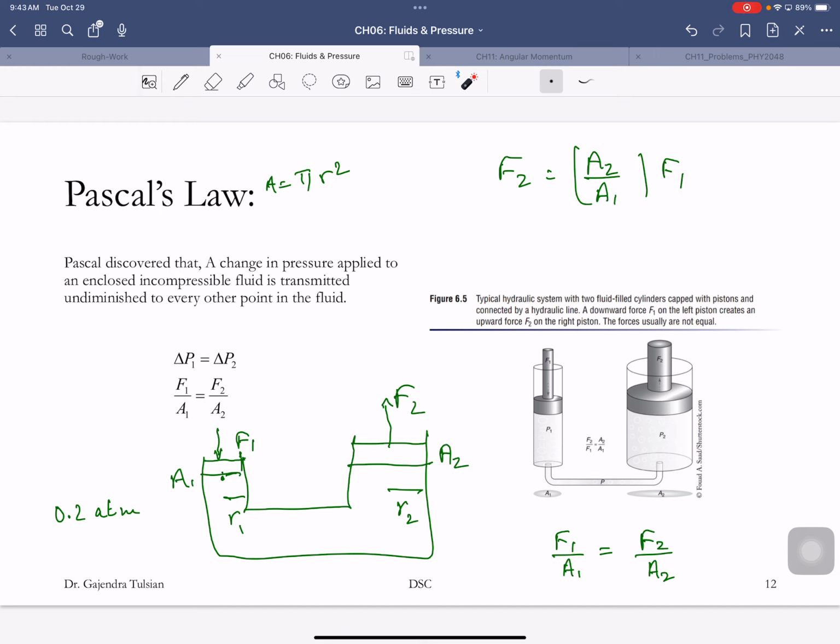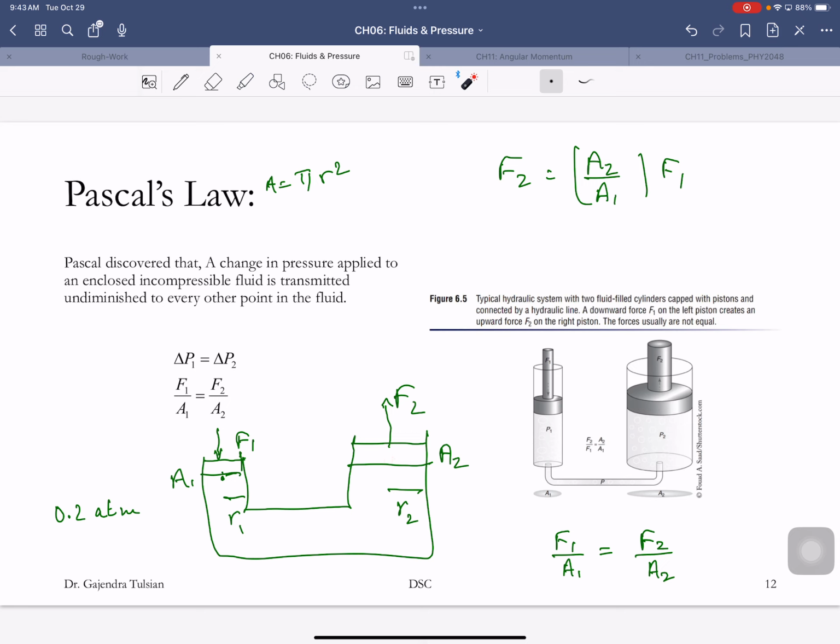The output area will be 25 times the input area. So if the input cylinder is like that and the output cylinder is like that, 1 inch and 5 inch, the output force is 25 times the input force. So by applying a small input force, you can lift a heavy load.